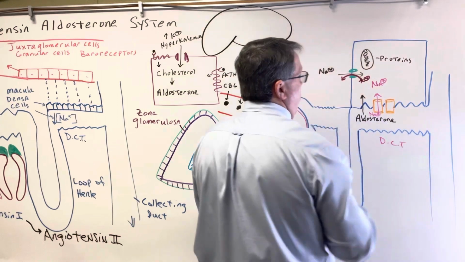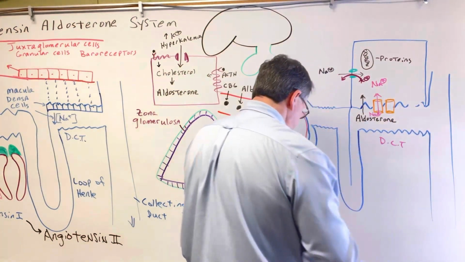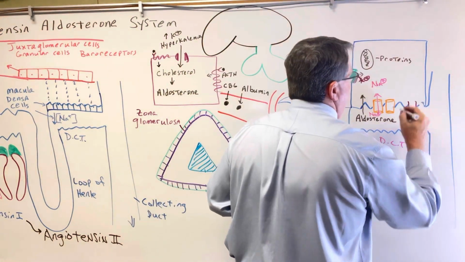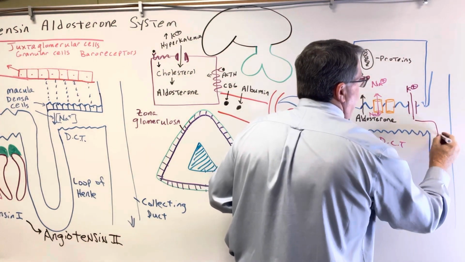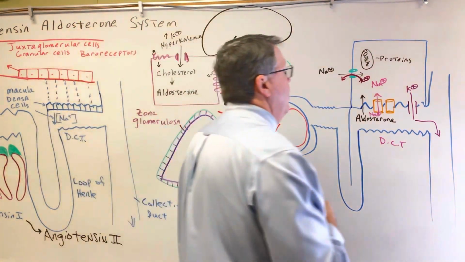So now we're collecting more sodium. The last thing it's going to do is make other proteins, and this is also going to take potassium out. Potassium is going to go into the collecting duct, and like we said, from the collecting duct it's going to go into the urine.